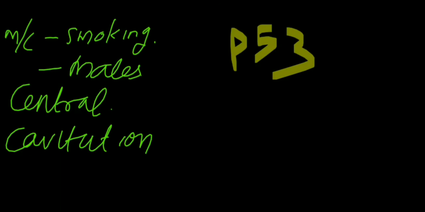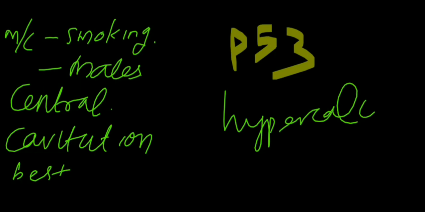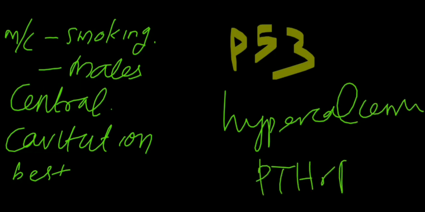Cavitation is associated with the squamous cell carcinoma, and it is having best prognosis. Overall we can say like that, it is having best prognosis. In squamous cell carcinoma, best prognosis mostly it is for well differentiated one. And the paraneoplastic syndrome that you can see here, it is hypercalcemia. That is because of parathyroid hormone related peptide.